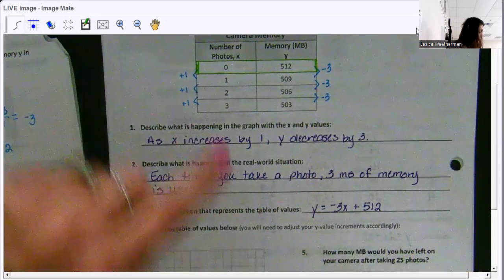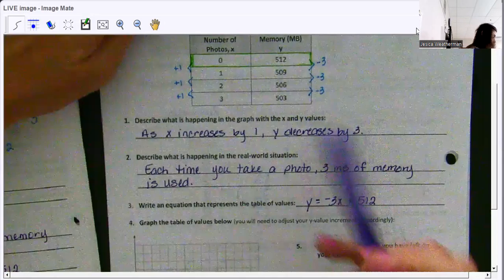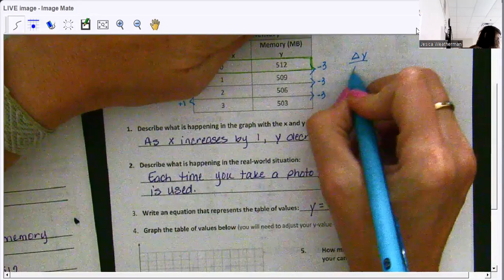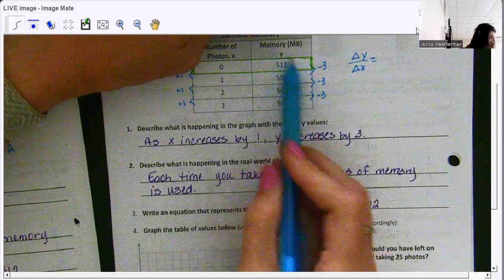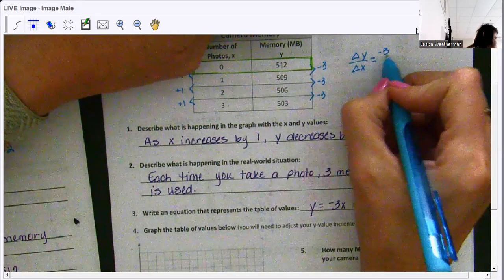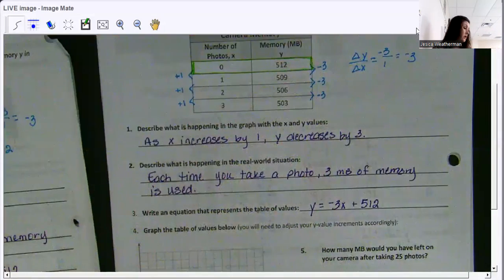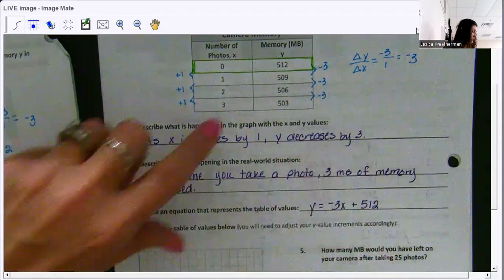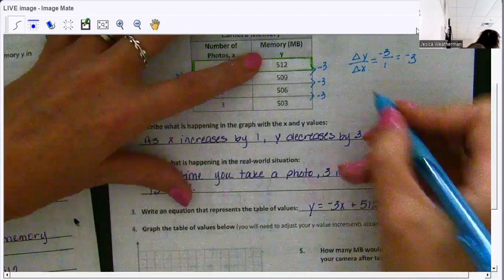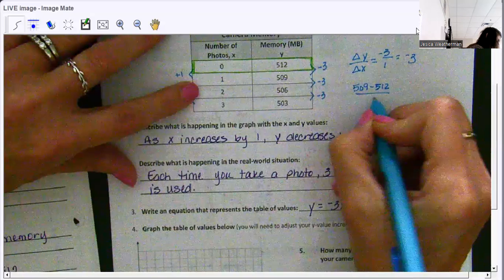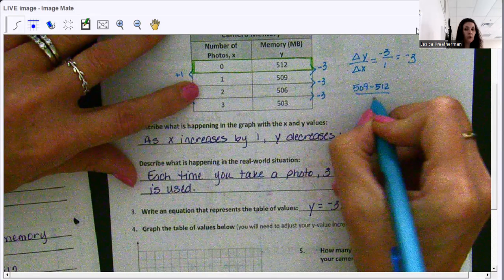And then when I do my change in y over change in x, I notice that each time my change in y is a negative 3 and my change in x is a positive 1, giving me a negative 3 for my rate of change or my slope. You could also use the slope formula, 509 minus 512 over 1 minus 0, and you end up with negative 3 over 1, which equals negative 3. So many ways to get the slope to create your equation.